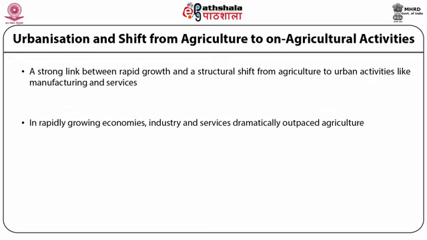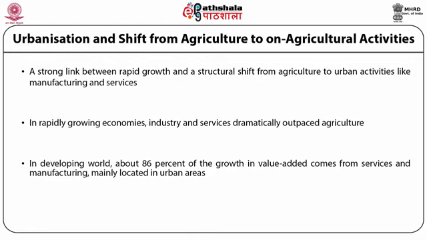In rapidly growing economies, industry and services dramatically outpaced agriculture. Across the developing world, it has been observed that 86% of the growth in value added comes from services and manufacturing, which are mainly located in urban areas.